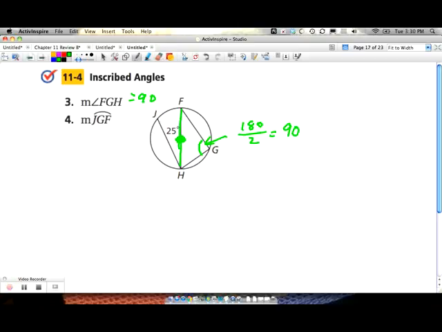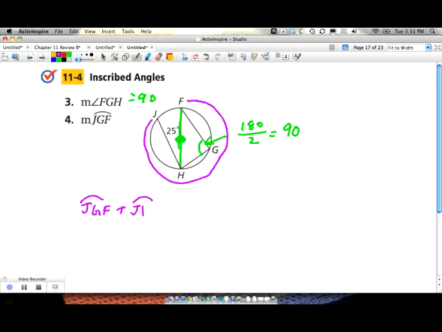Let's put another letter in here, RST. Arc TU divided by 2 equals the angle we're looking for. In this case, that's 266 divided by 2, so this angle right here is 133.